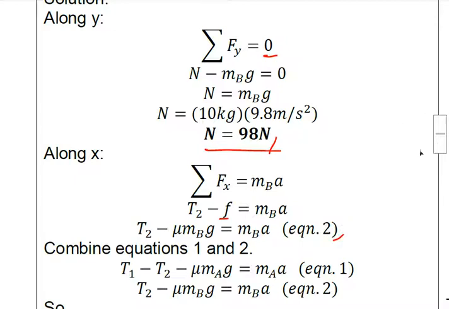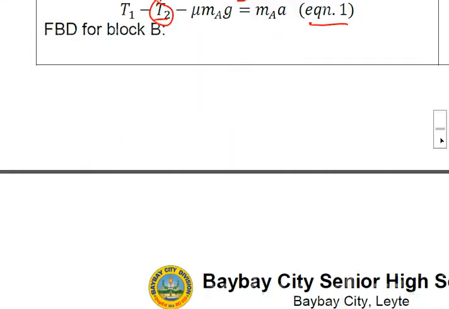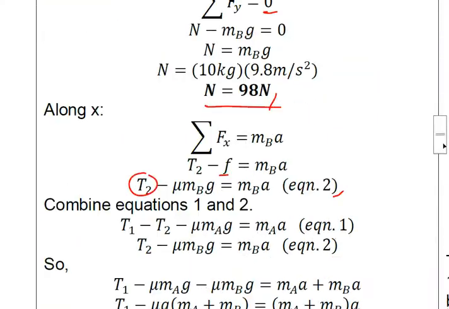Then notice that you have here the common T2, then in equation 1 you also have T2, so we can eliminate T2. In this case we can either use combination, or substitution, or elimination. In this case I am using elimination, or I just add the two equations.